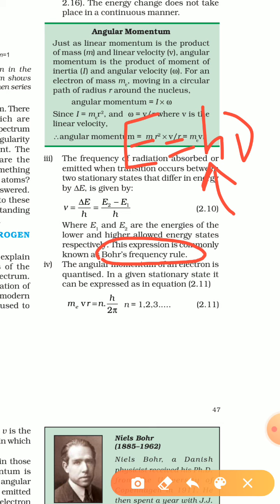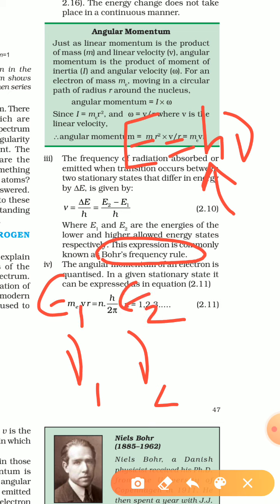Now if you have two stationary states, two orbits, then both of these orbits will have different energies. If they have different frequencies, they will have different energies, and Planck's constant will be the same.